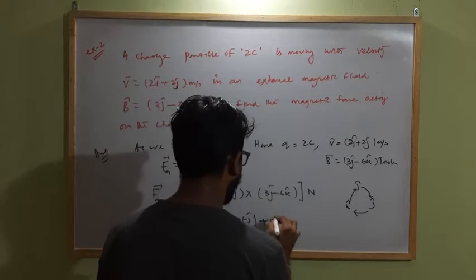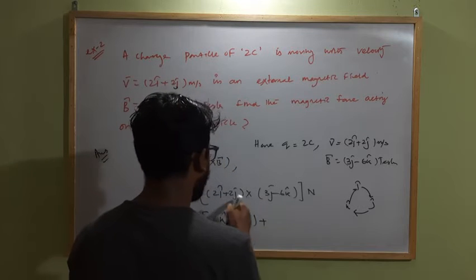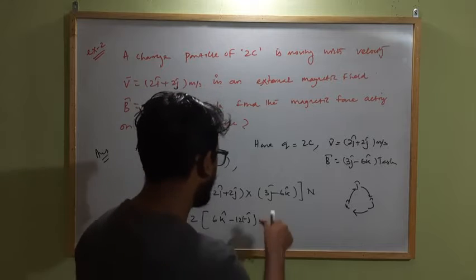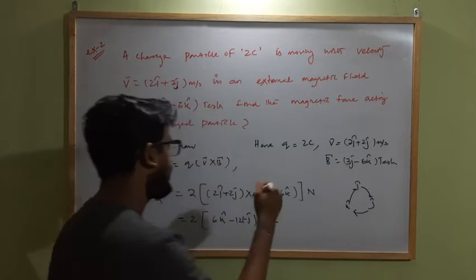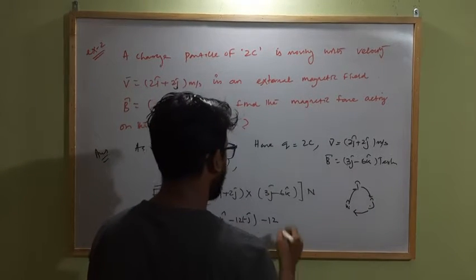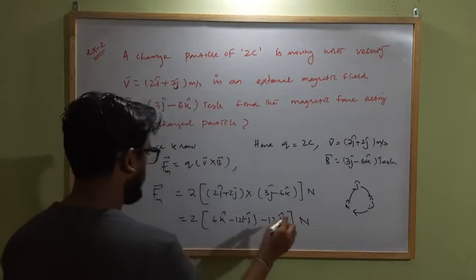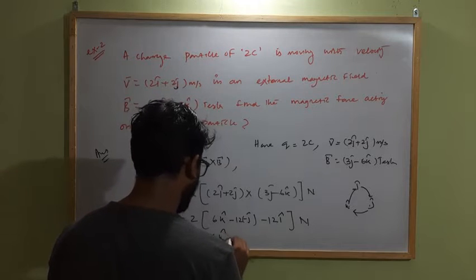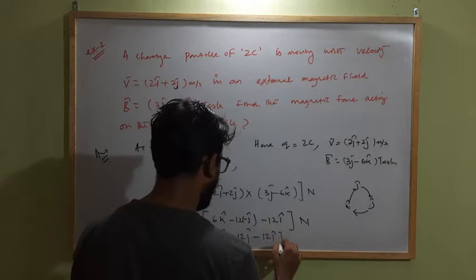Again that will be 0. So left with 2j minus 6k, 2 into 6, 12, j cross k, j cross k will be i cap Newton. So from this we can write 2 into 6k cap minus 12 j cap minus 12 i cap Newton.